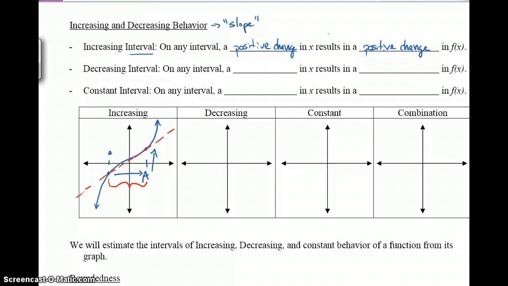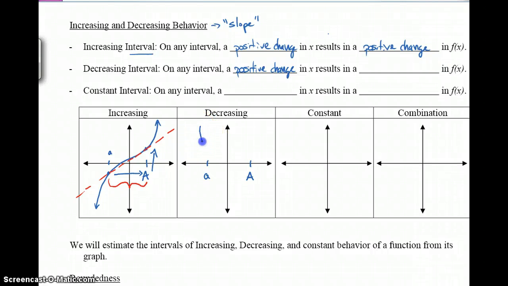That's why it's increasing. Now, if we're talking about decreasing, what do you think would be the difference? Well, we're still going to talk about a positive change in x. So as we're going from lowercase a to capital A, but instead of it increasing, instead of having a positive change, we're going to have a negative change.